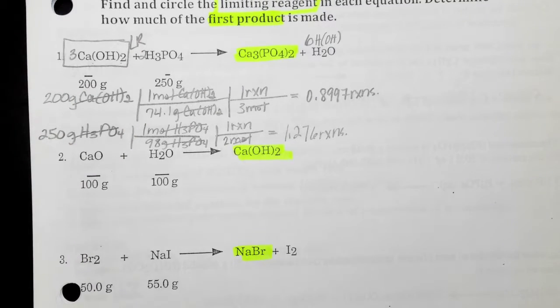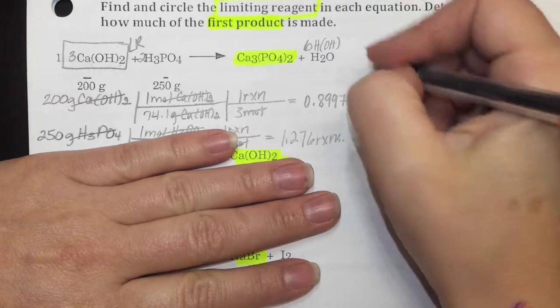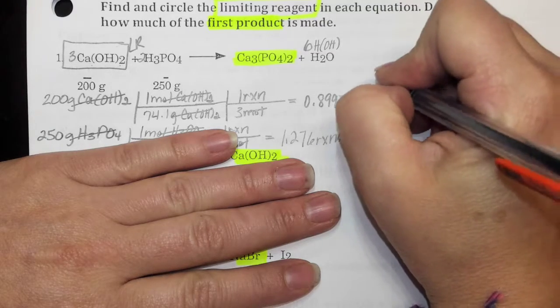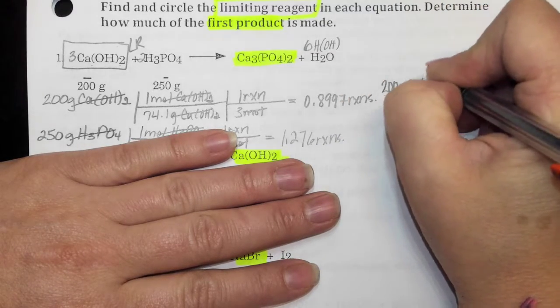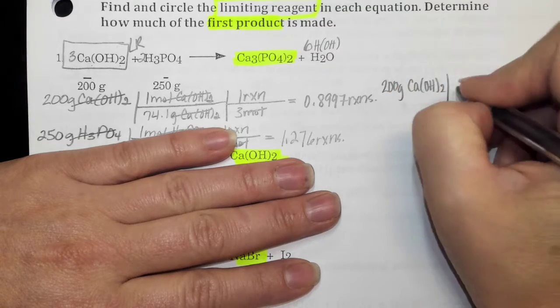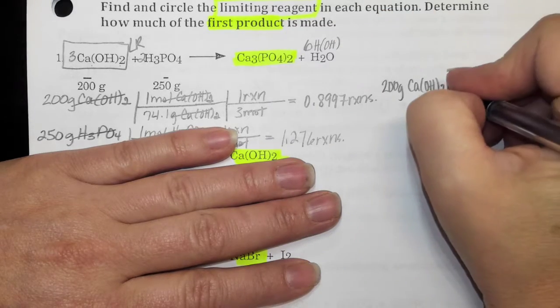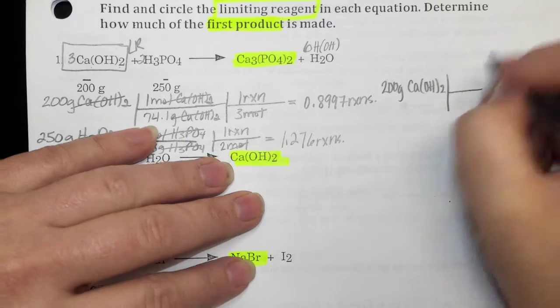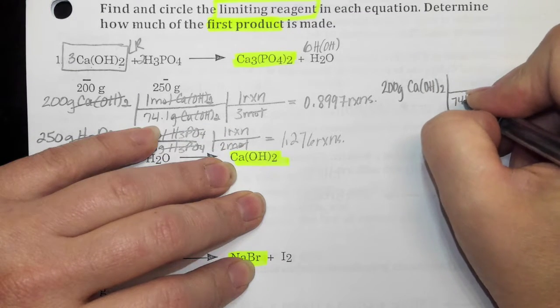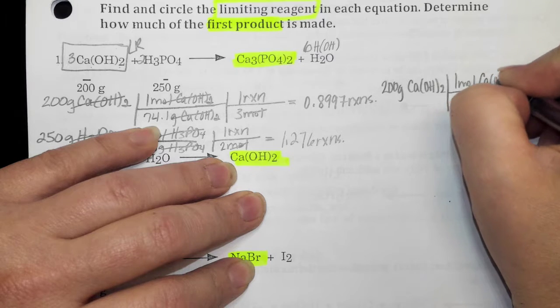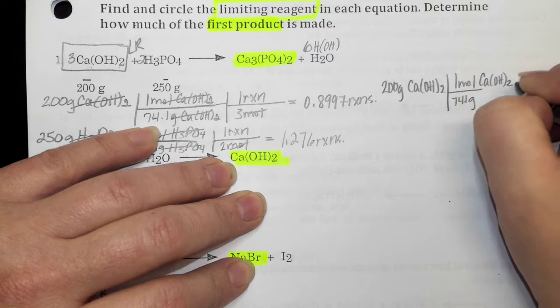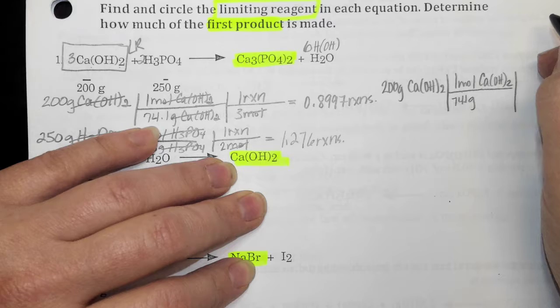And now the question is, okay, we found the limiting reactant, done. Now tell me how much of the first product I can make. So, new train track. If I start with 200 grams of CaOH2, how much Ca3PO4 2? So I'm going to go 74.1 grams in 1 mole of CaOH2.